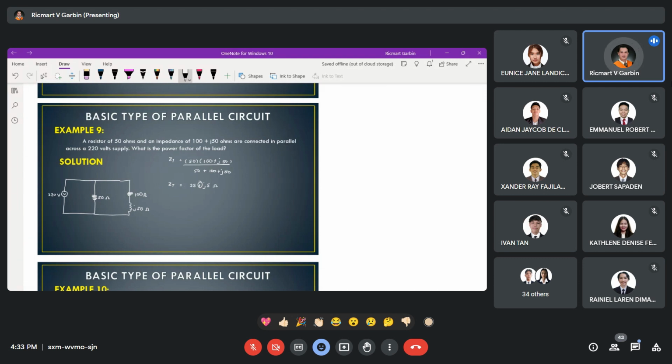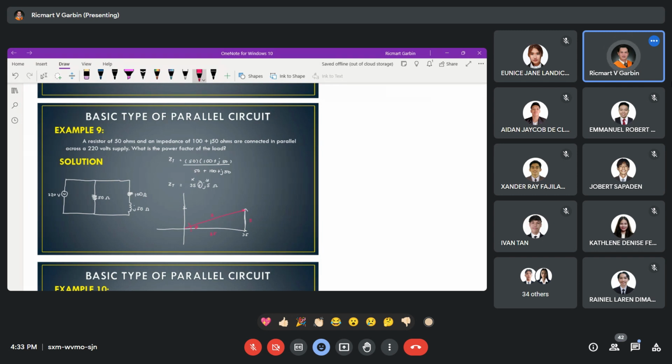So, kung ido-drawing natin siya sa impedance triangle natin, say for example, ganito. Ito yung ating x-axis at ito yung ating y-axis. Ito yung 35, tapos ito yung 5. Ang ating magiging resultant ay ito yung ating magiging Z. So, this is 35 and this is 5, and this will be our angle.